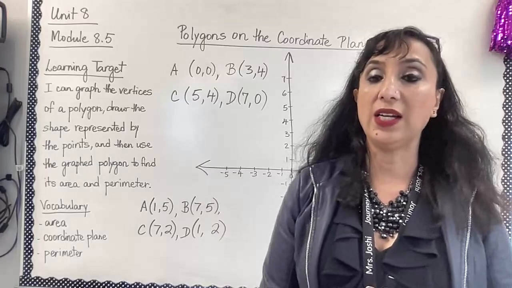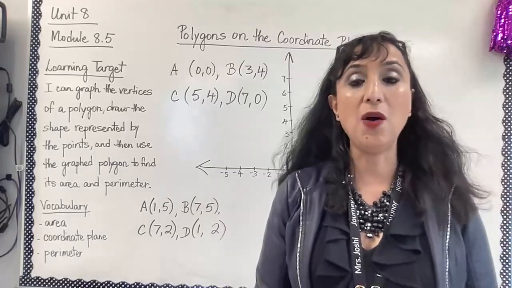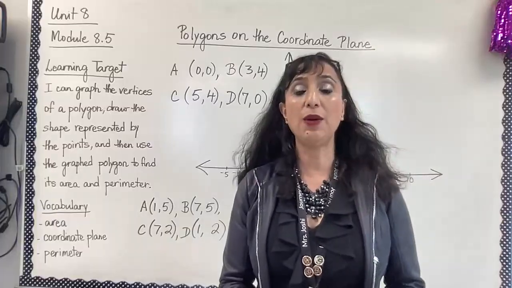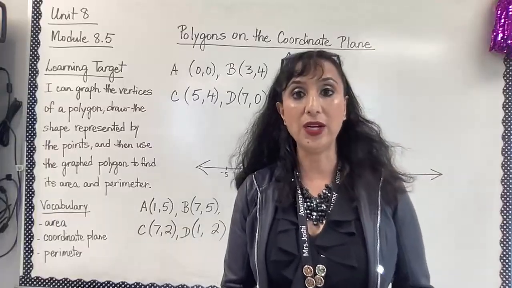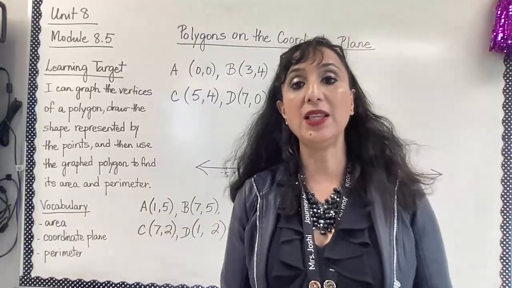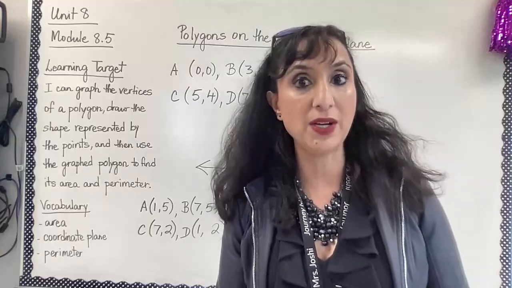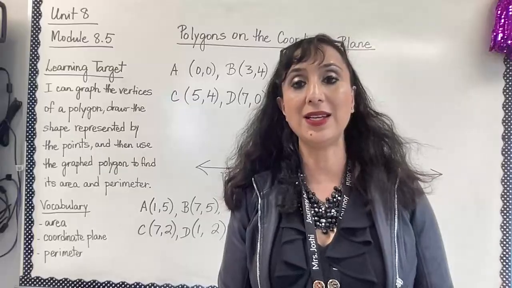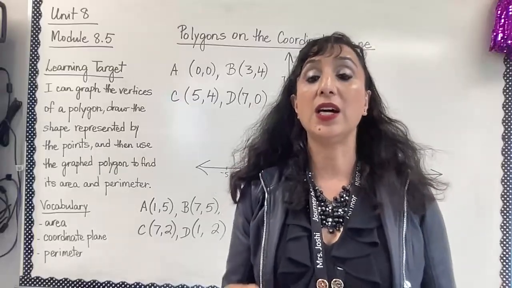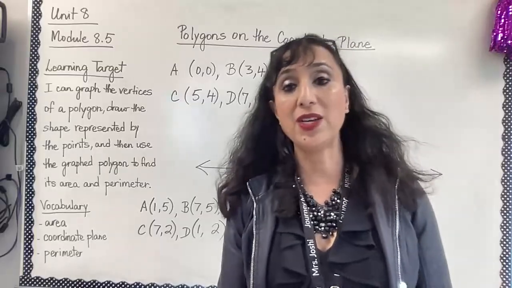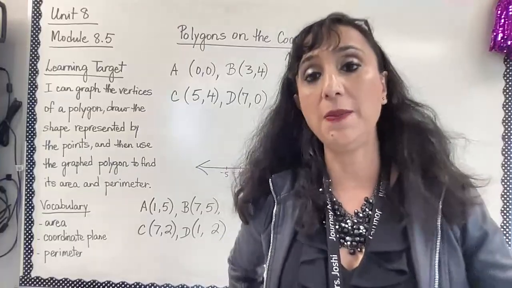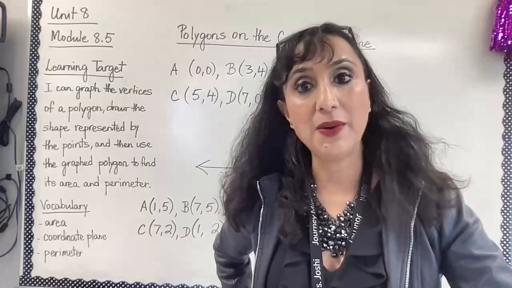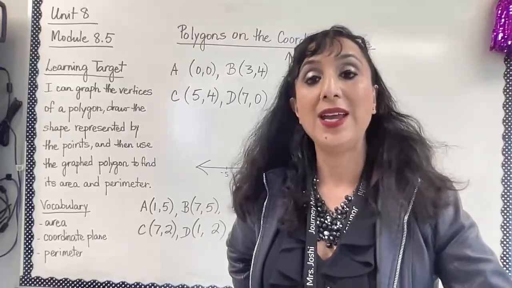Now we are going to be making polygons on the coordinate plane and finding the perimeter. And what is perimeter? Perimeter is the distance outside a shape.